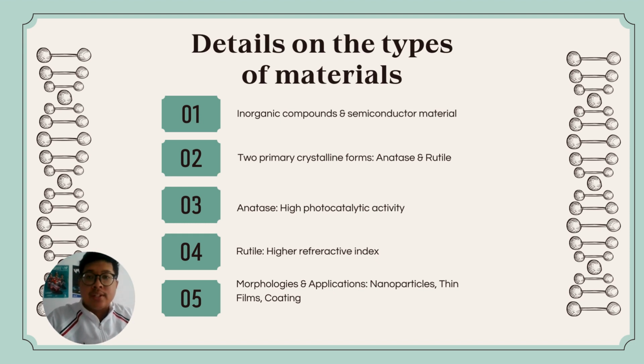These properties make it ideal for self-cleaning and antimicrobial applications such as coating for glass surfaces and others. As for rutile, it has a higher refractive index, which is commonly used in pigments, sunscreen, and optical coatings due to its excellent light scattering and ultraviolet absorption capabilities.